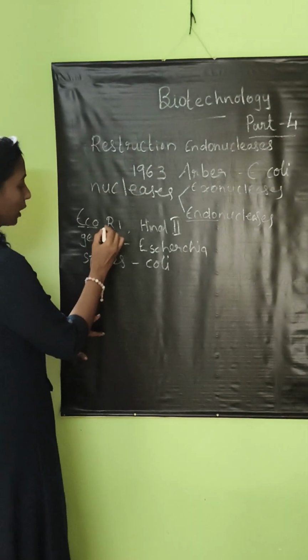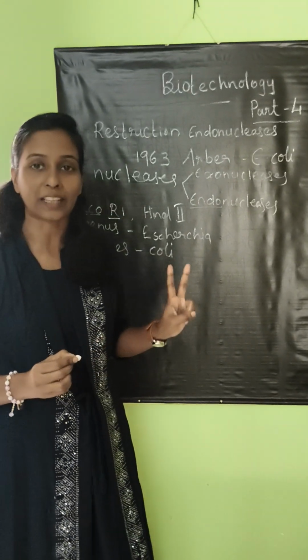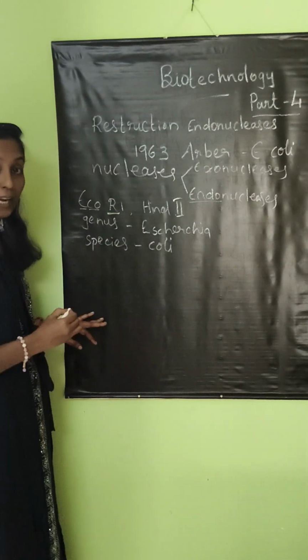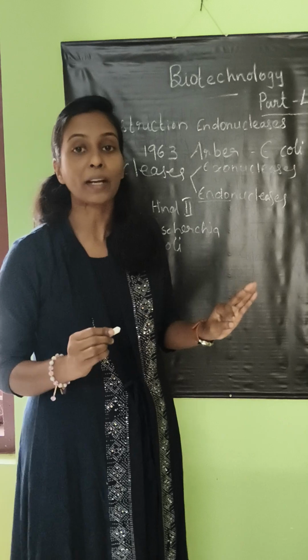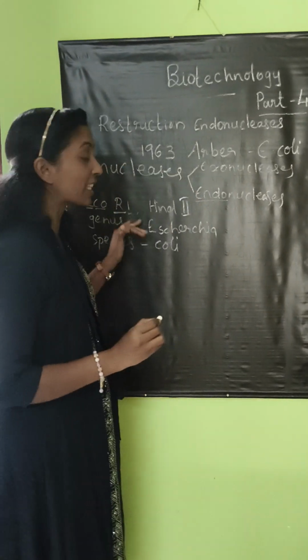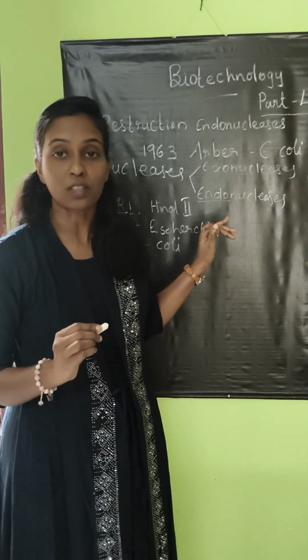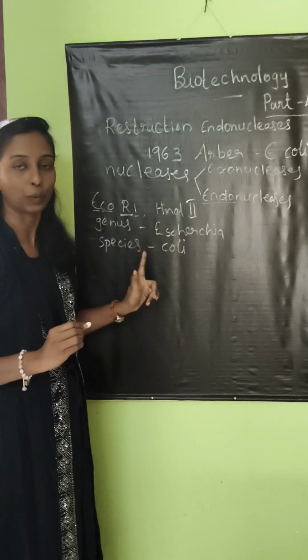So Escherichia coli. This R is a type of strain; as we know, there are two types of strain, S strain and R strain. And the numeral, the Roman numeral, indicates the order in which it was isolated from this bacteria. This is the nomenclature. It is one of the important questions for both board exams as well as NEET.